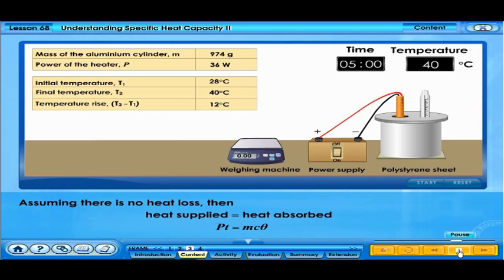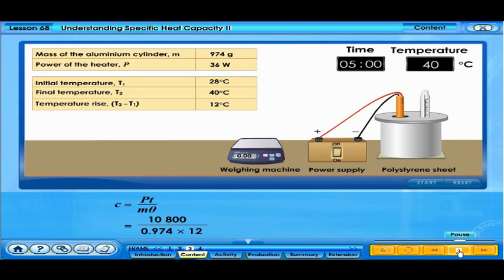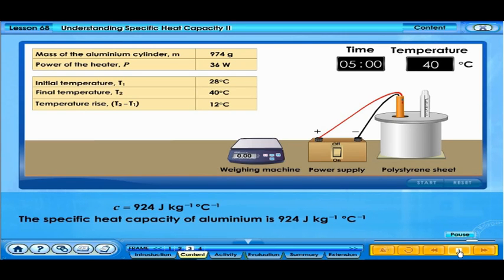Pt equals mc theta. c equals Pt over m theta, equals 10,800 over 0.974 times 12, equals 924 joules per kilogram per degree Celsius. The specific heat capacity of aluminium is 924 joules per kilogram per degree Celsius.